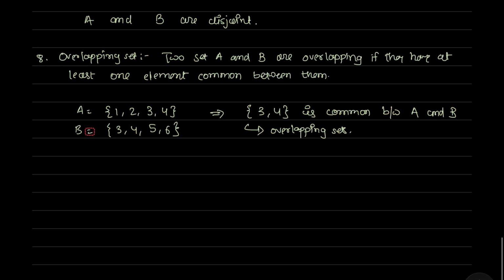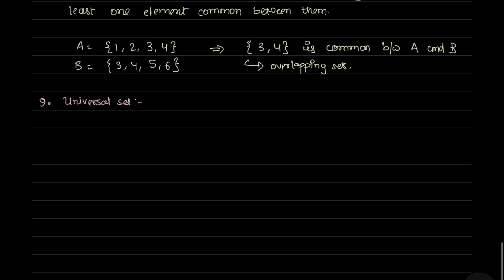The next topic that we are going to cover is sets arising from sets. The first one we have to study is the universal set. Now, what do you mean by universal set? This is a set of all possible elements. You can consider it as a set which contains all the elements, all possible objects.